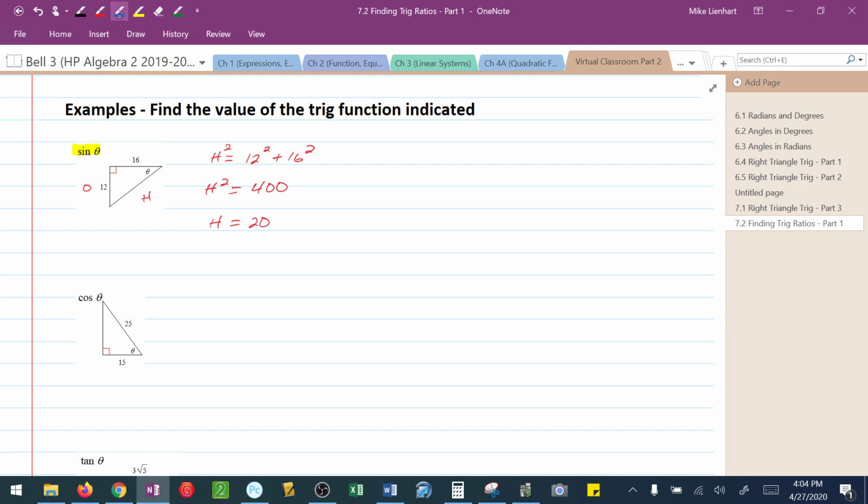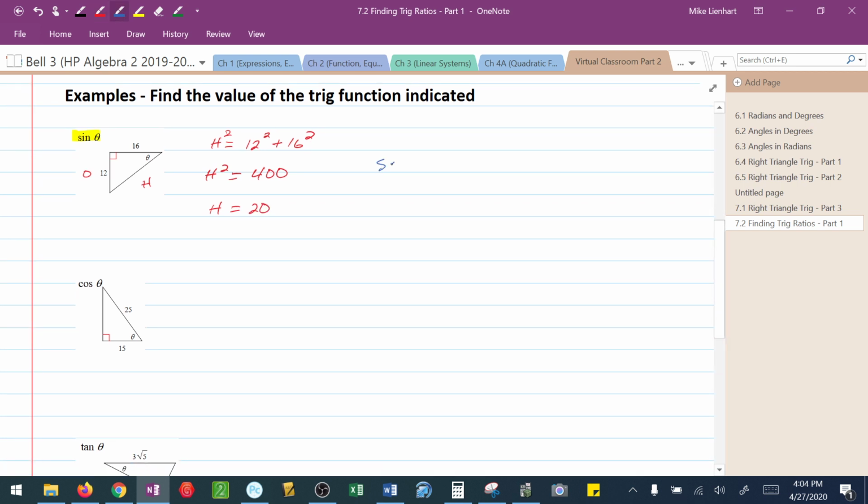To find the sine of theta, I take opposite, 12, over hypotenuse, 20. I always need to simplify these fractions. Both are divisible by 4, so that leaves 3 over 5. The sine of theta is 3/5.